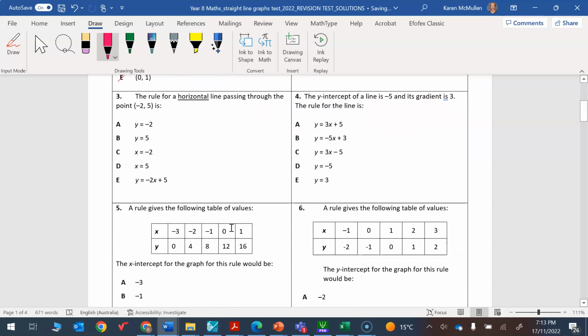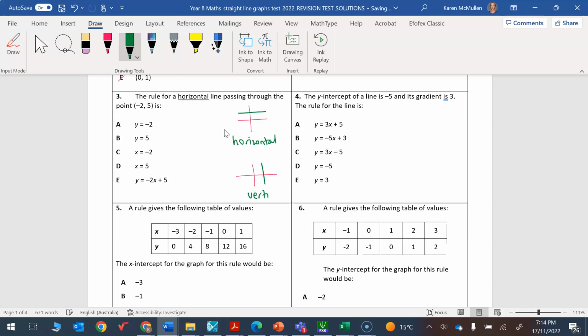All right, question 3, the rule for a horizontal line passing through the point (-2, 5). A horizontal line goes straight across like so. That's what it means by horizontal. If we wanted a vertical line, that just goes straight up like that.